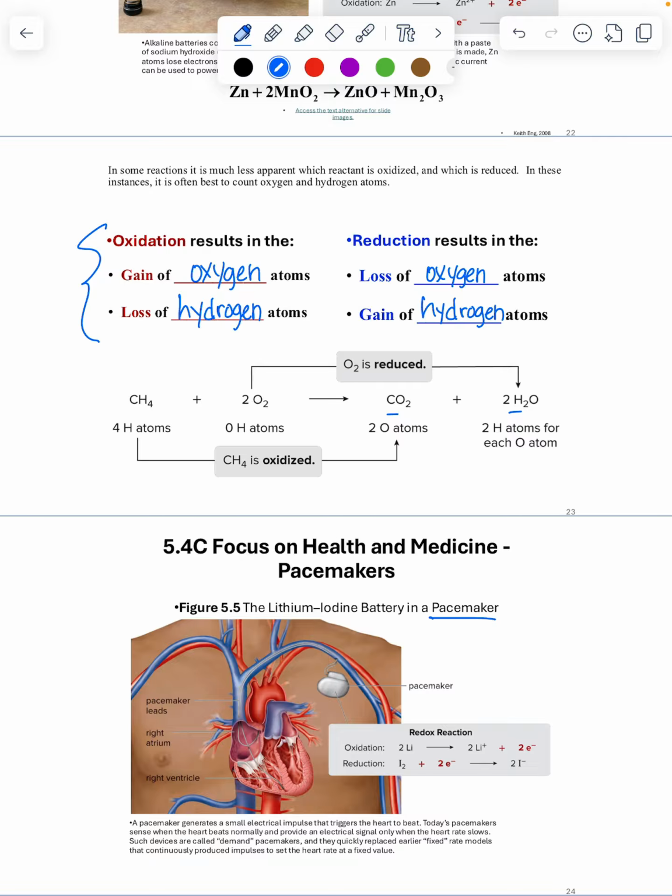Just like with any battery, the thing that is creating the electricity is a redox reaction. In this case we see lithium and iodine are the chemicals inside the battery. As the lithium atom is oxidized and the iodine atom is reduced, we have this flow of electrons, and that is what powers the battery, and the battery is what triggers the heart to beat.